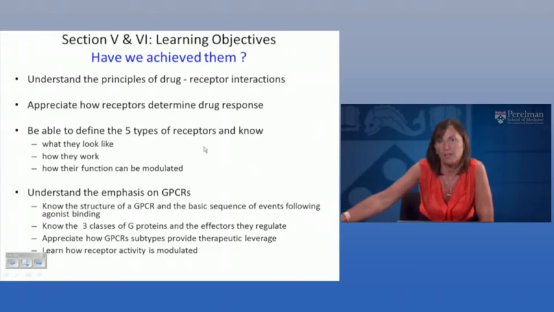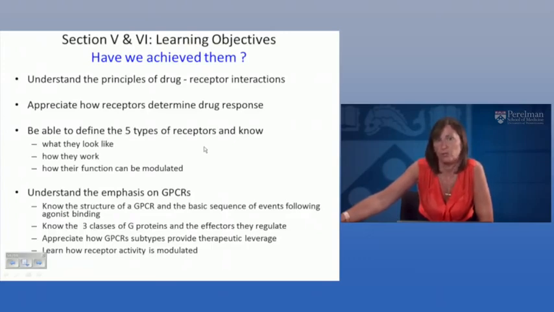Be able to define the 5 types of receptors, and we talked about intracellular receptors, cytokine receptors, receptor tyrosine kinases, ion channel or ligand gated channel receptors, and G protein coupled receptors.